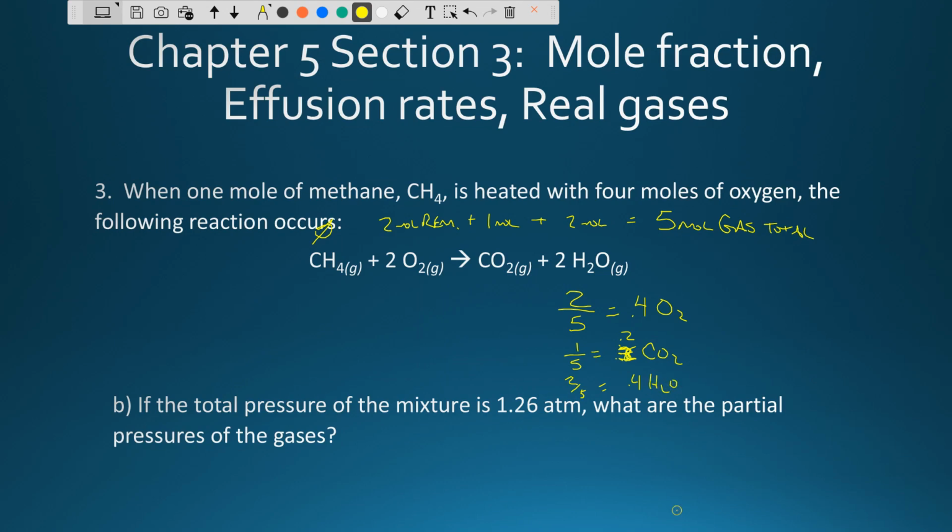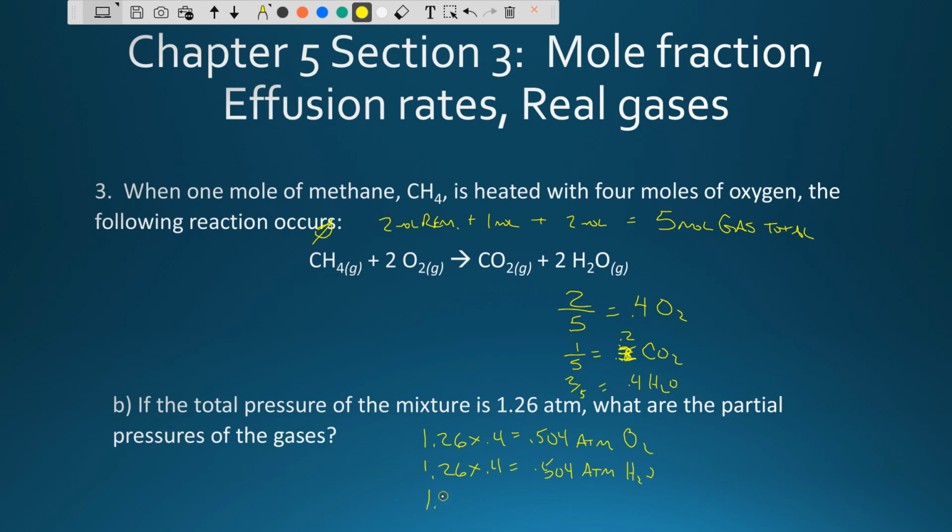So remember what we do with these mole fractions. I take my 1.26 times my 0.4. That will end up giving me 0.504 atmospheres of my oxygen. That's also going to be 1.26 times 0.4. That gives me 0.504 atmospheres of my water.